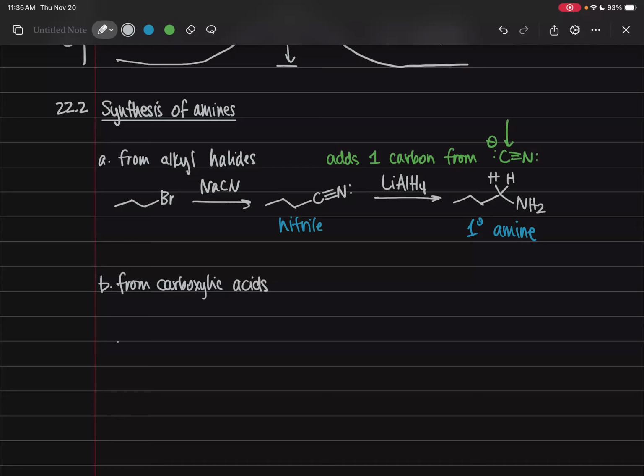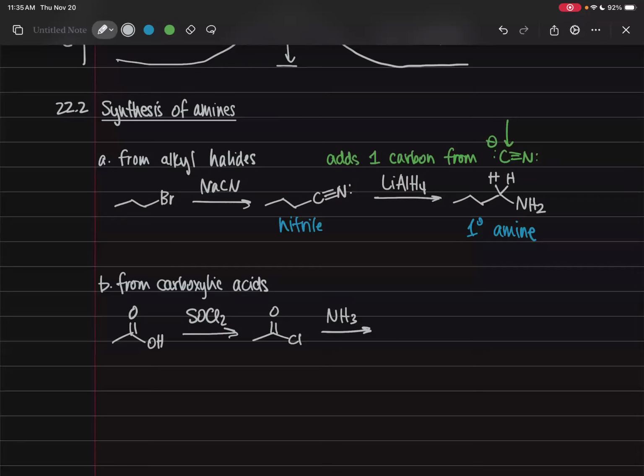So we can start also from carboxylic acid. This has an additional step. So the first thing we'll do here is use thionyl chloride, and that makes what functional group? Yeah, acid chloride. Then we'll add our nitrogen source, ammonia.